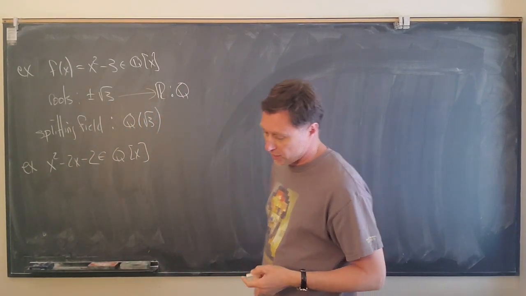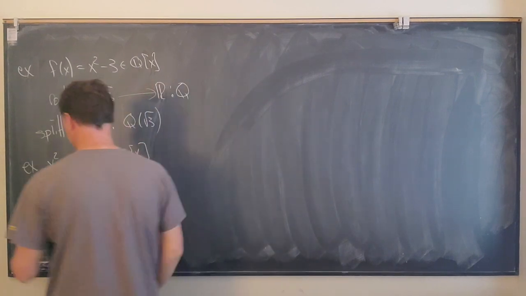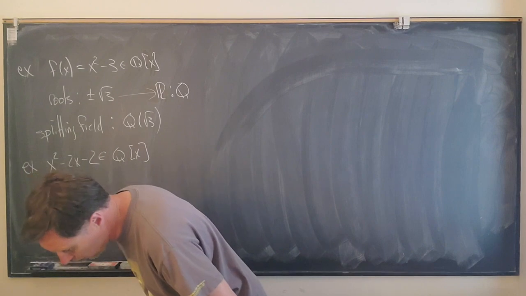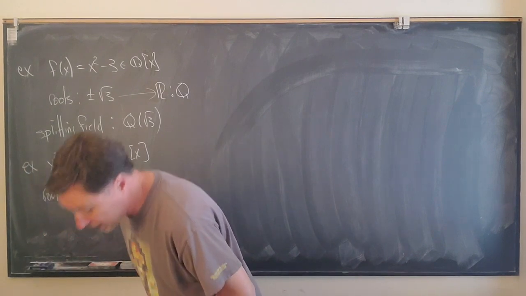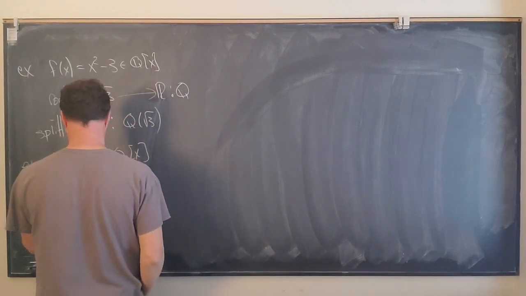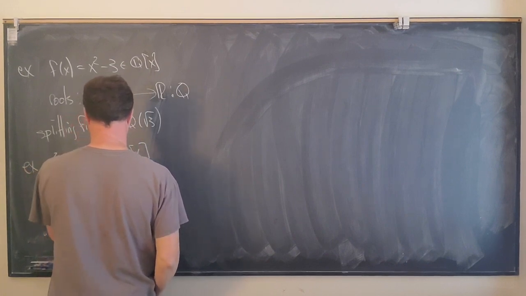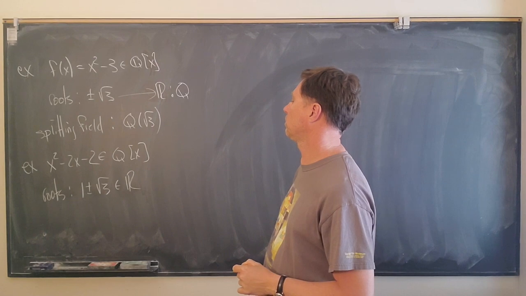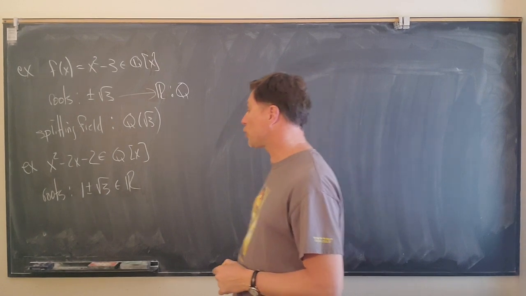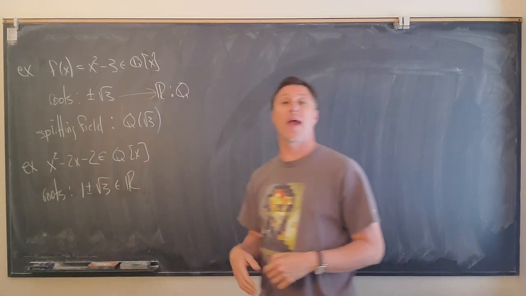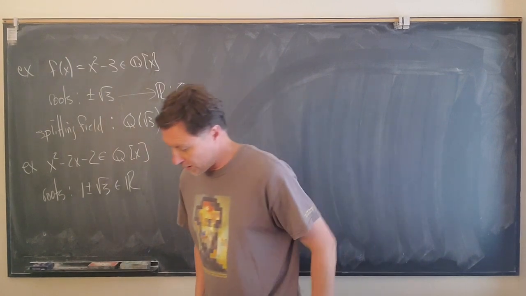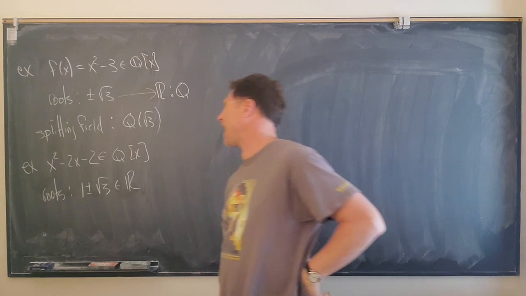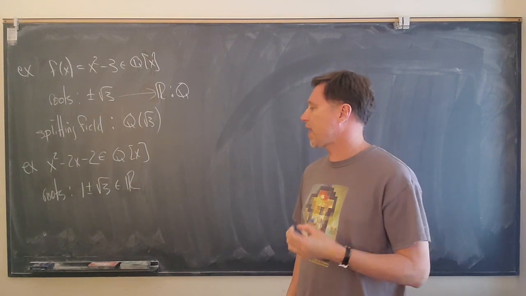If you use the quadratic formula, the roots are 1 plus or minus square root of 3, once again living in R. And so, by adjoining both 1 plus square root of 3 and 1 minus square root of 3, we get the splitting field. Of course, adding 1 to it, we don't need that. We don't need both of them.